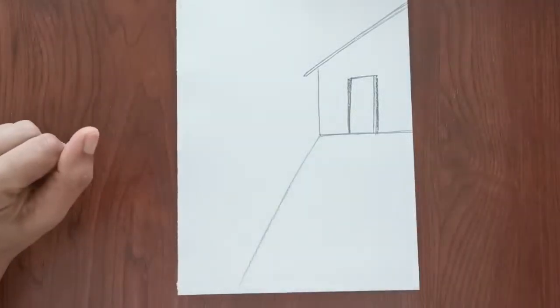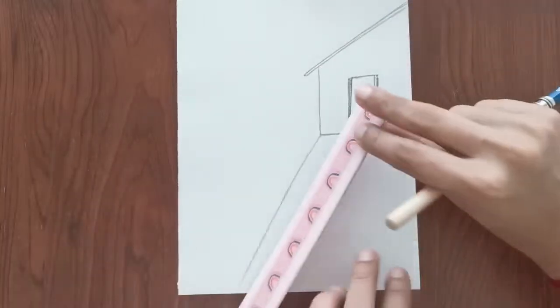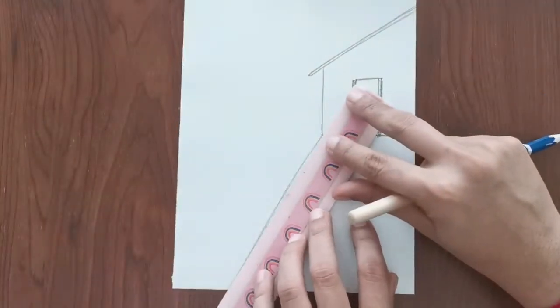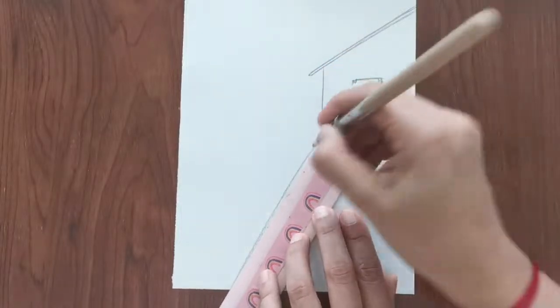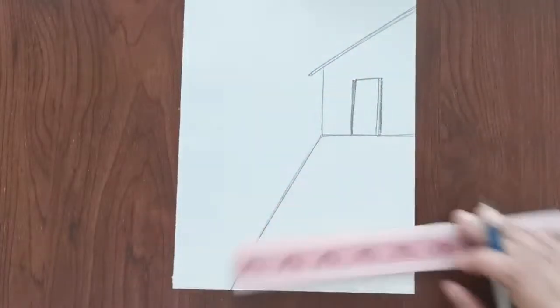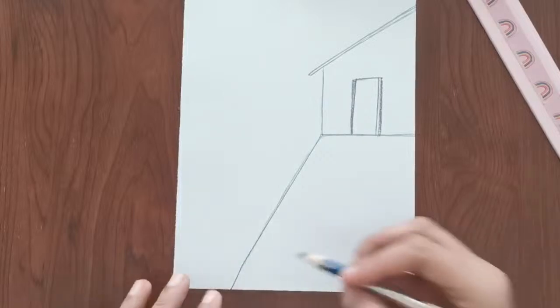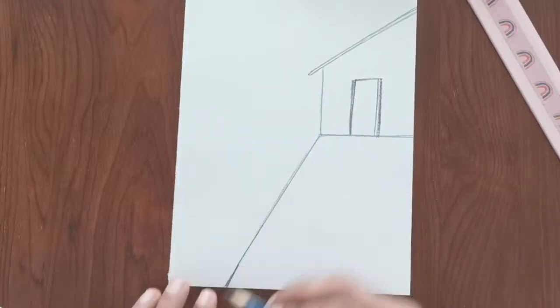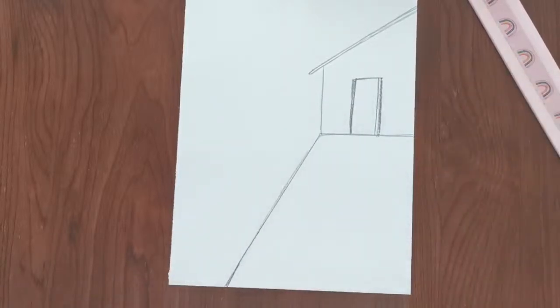Maybe you can use a ruler also for a perfect line. Okay, make it slightly slanting. Okay, like that. You can also use a ruler, no problem, or just draw a freehand slanting line. Okay, that's for the bridge we are doing.